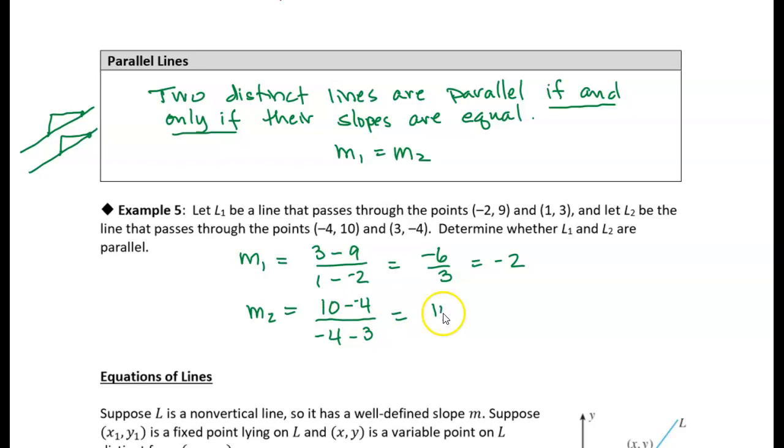So this is 14 over -7. And so again, we get -2. So we can conclude, because the slopes of these two lines are equal, then yes, the lines are parallel.